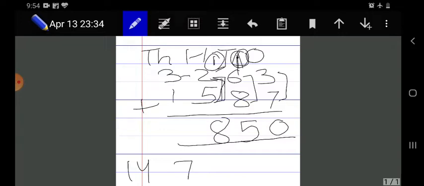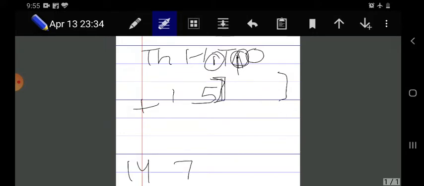Again 3 plus 1 is 4. So the answer is 4850. But you have already done these kinds of sums, with carry and without carry. I am just giving you a recall of the exercise. So you will do like this only. Let's take another example also.